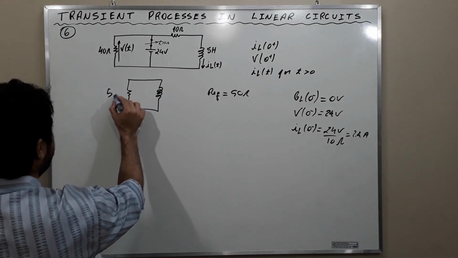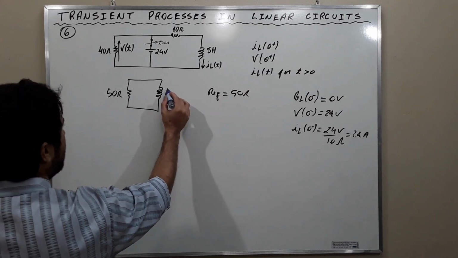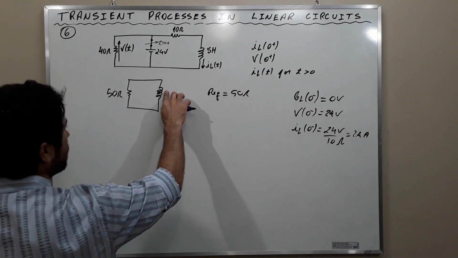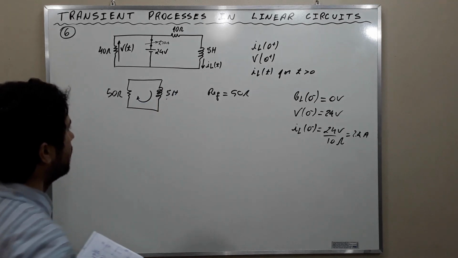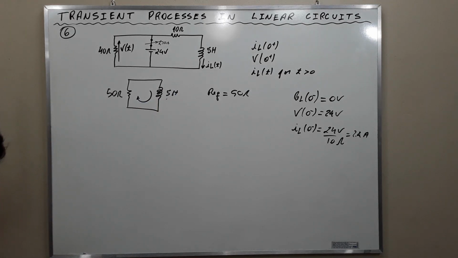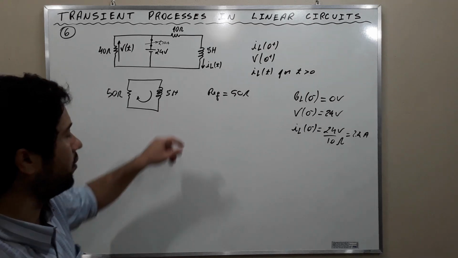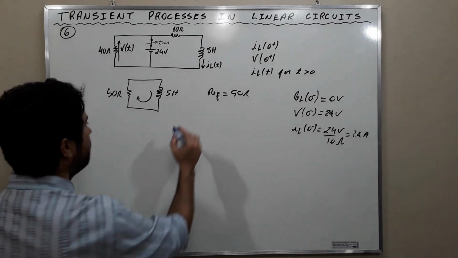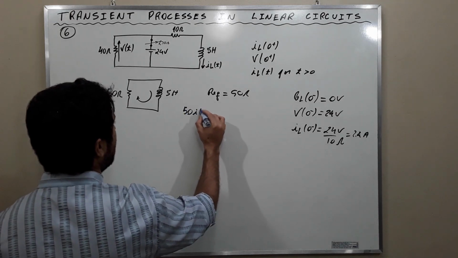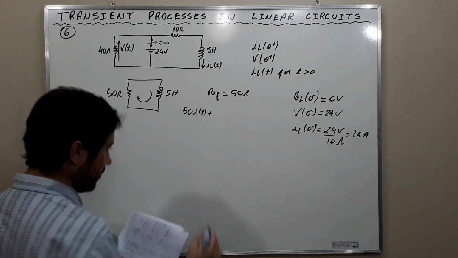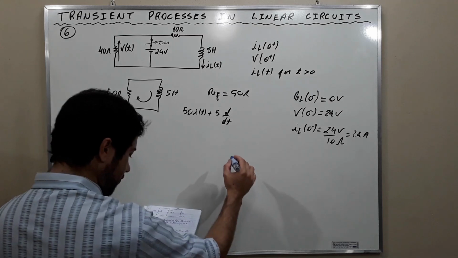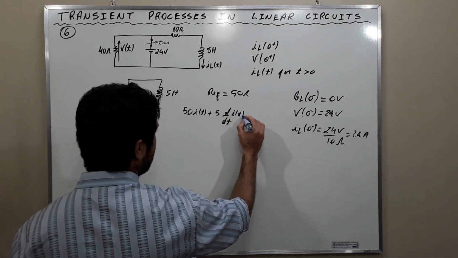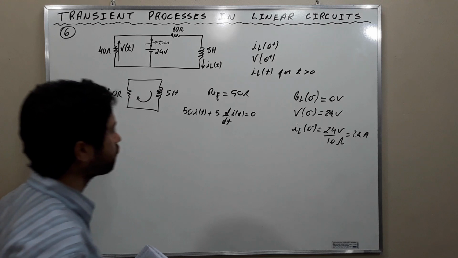Here is 50 and here 5 Henry, and the current. This circuit's equation is 50 times I of t plus 5 times the derivative with respect to time of I of t equal to 0.